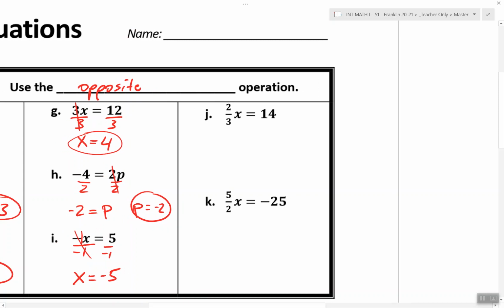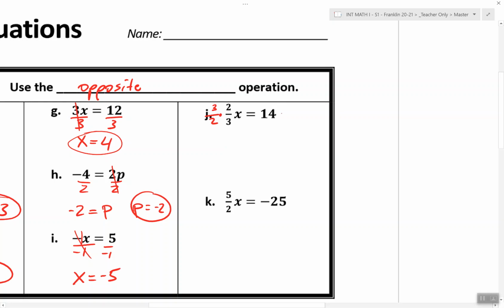Now, if you have a fraction in front of your variable, it still means multiplication. So this first one says 2/3 times x, and we're going to divide both sides by 2/3. But you have to remember the way to divide by a fraction is to multiply by the reciprocal, which is the flipped fraction. So take the fraction and flip it.